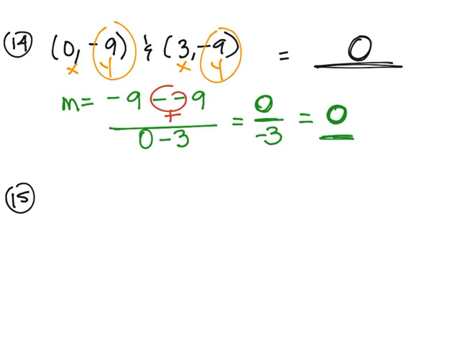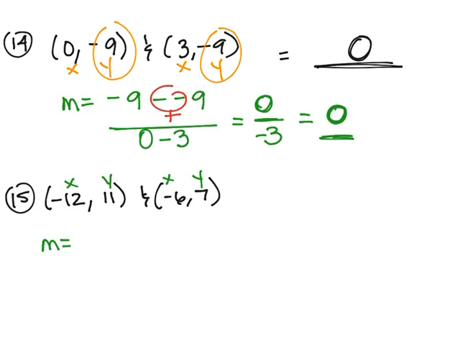Number 15, you have (-12, 11) and (-6, 7). Nothing is the same, so I'm plugging into my formula. We're going to say 11 minus 7 over negative 12 minus a negative 6. Keep in mind, these two negatives will make a plus.